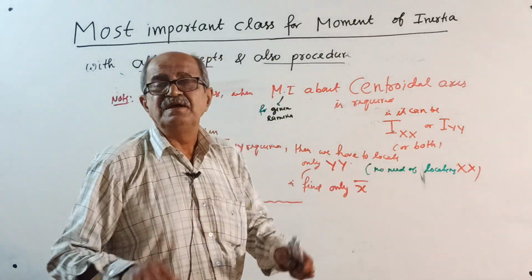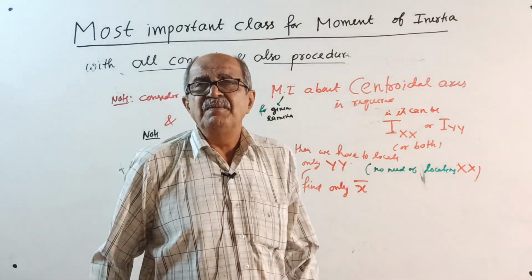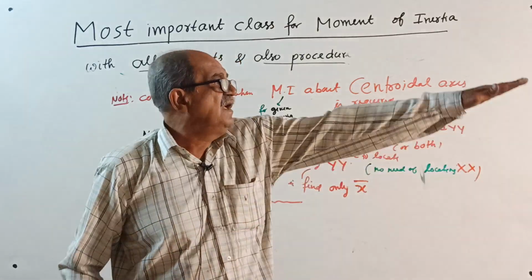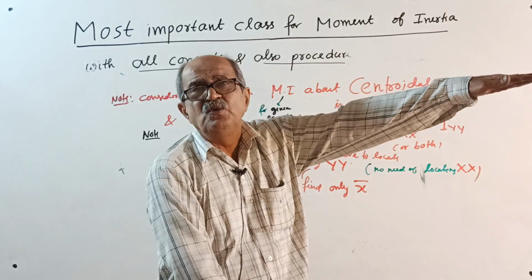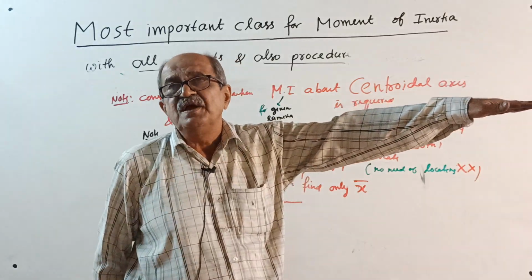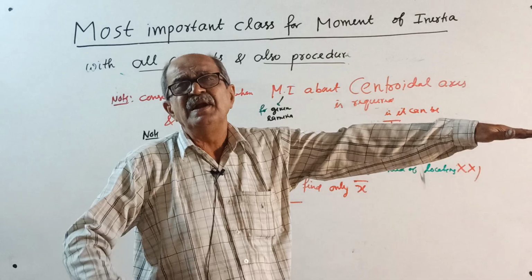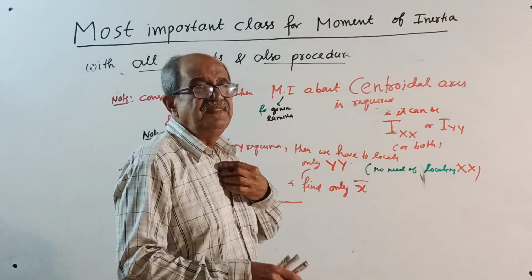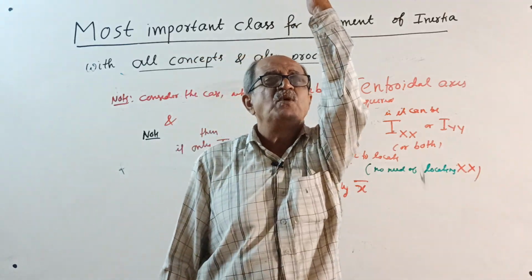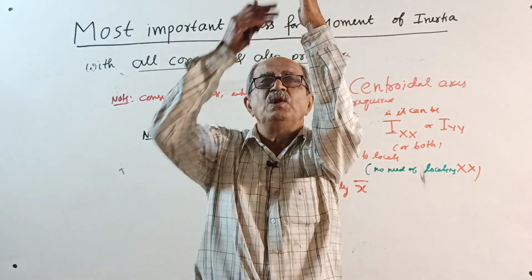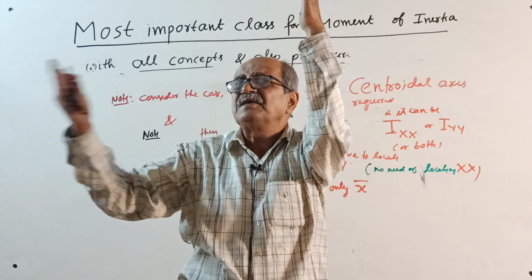Lastly, write this. If the XX axis is required, locate XX using Y bar. Once you locate XX, find the moment of inertia about XX. Or if I about the YY axis is required, locate YY using X bar.